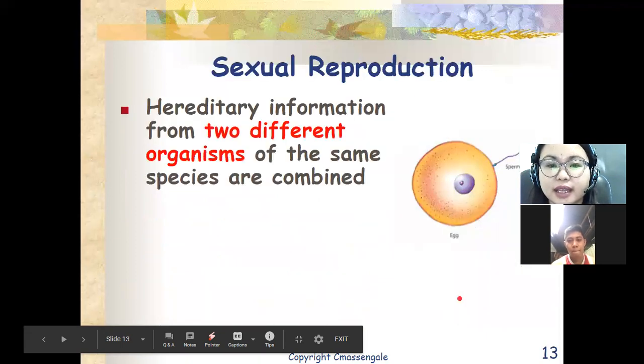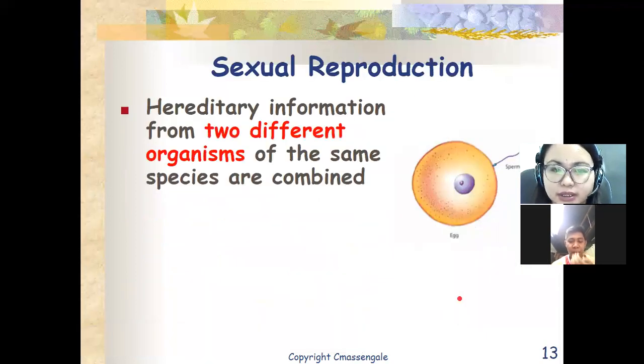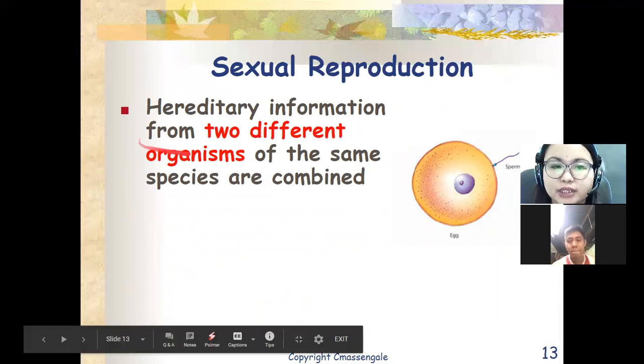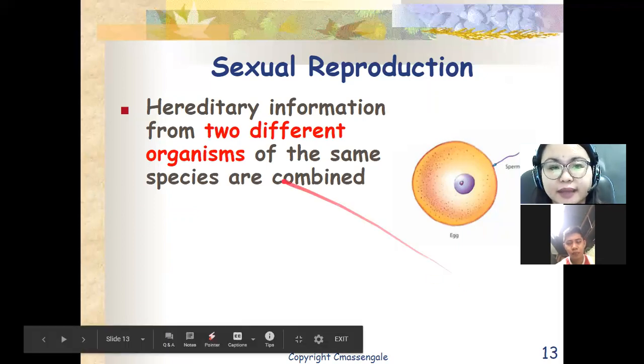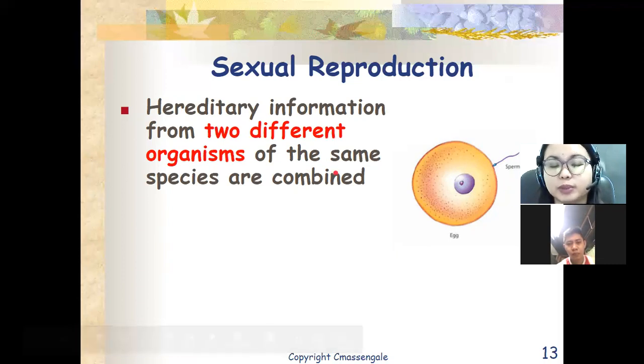Another is sexual reproduction. Hereditary information from two different organisms of the same species is combined. This is the complexity for animals, because the plant kingdom has different sexual reproduction. Although it's somewhat the same, there are various differences between animals and plants.